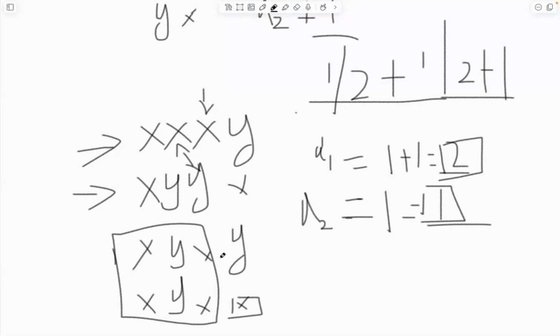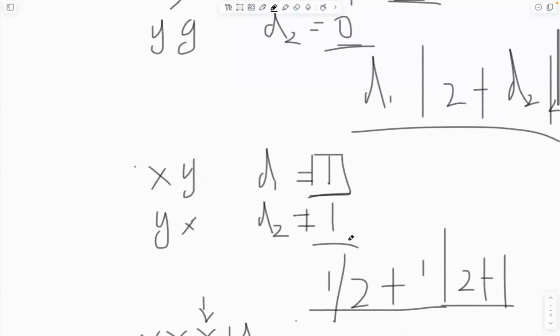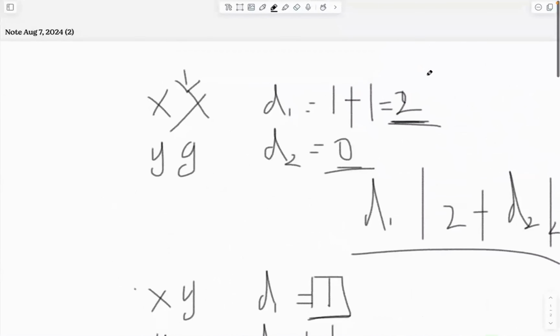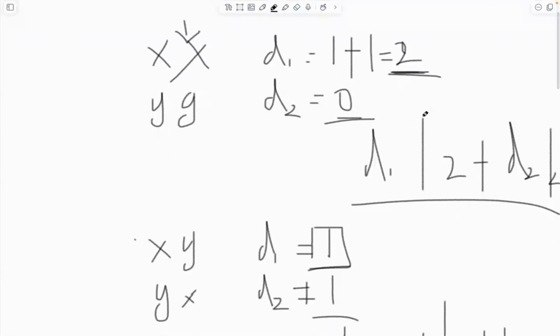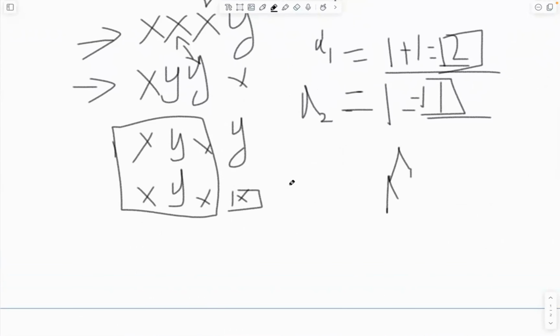So only in two cases can we make the strings equal: both odd or both even. Otherwise, we cannot make the two strings equal.